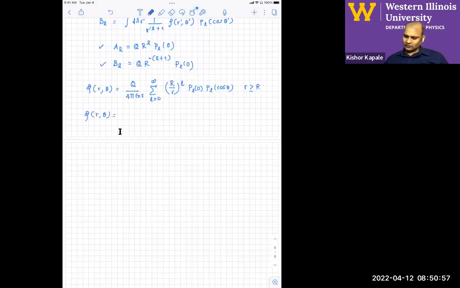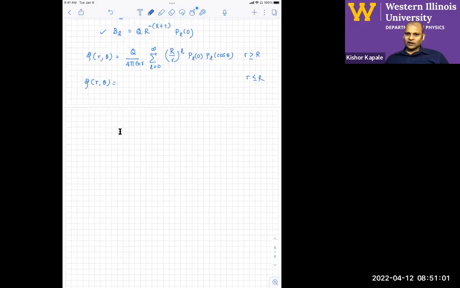Similarly, you can write down the potential for the interior points, Q over 4π ε₀ capital R now, because you cannot have 1 over r dependence when little r is less than or equal to R, because r can go to 0. So you have to be careful. So it's going to be only little r in the numerator now, to the L, P_L of 0, P_L of cos θ.